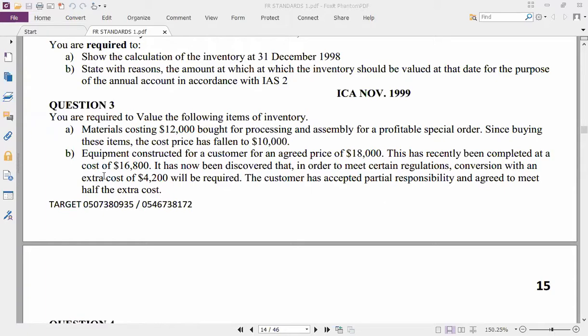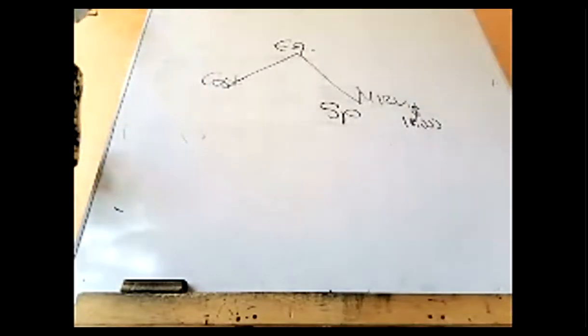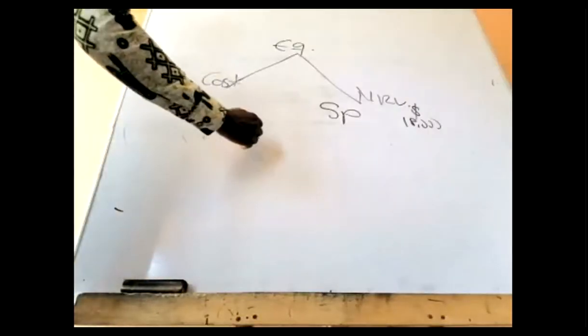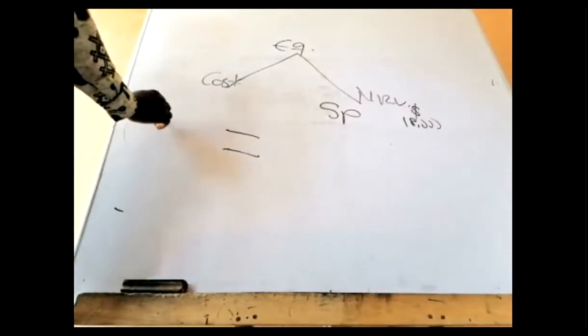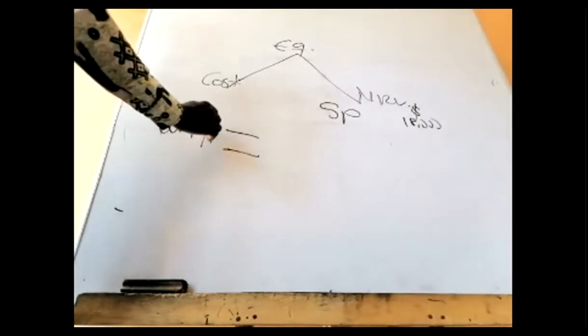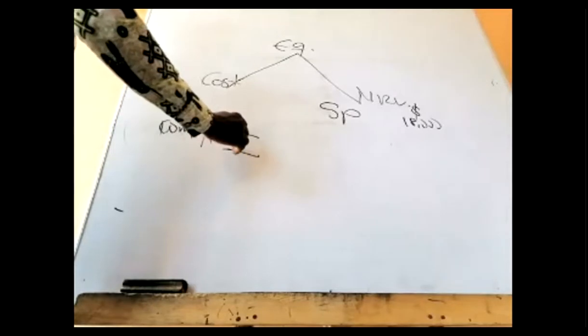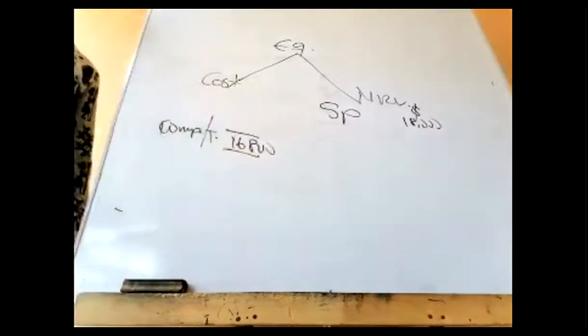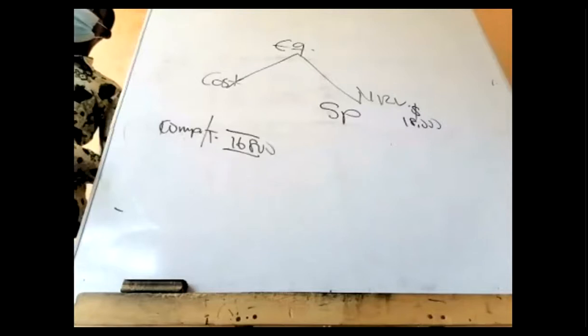Will it be purchase cost, conversion cost, any other cost, or cost to complete the sale? Recently been completed, so that is the production cost. So this becomes the actual cost. Here they've given us the total completed cost, 16,800.